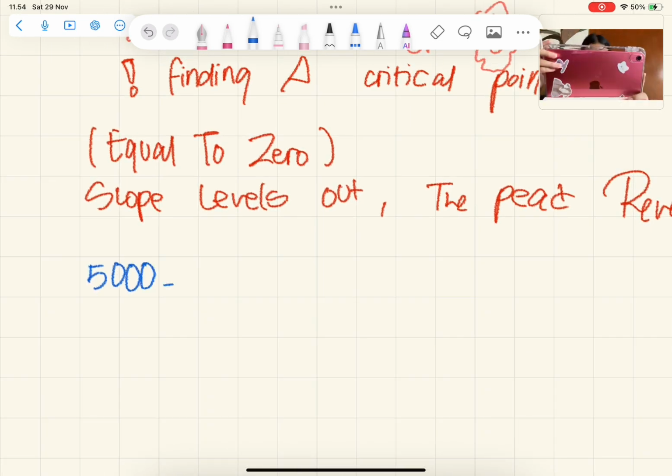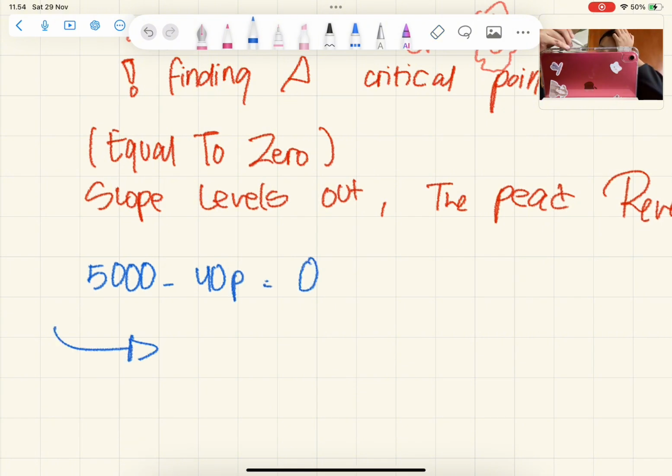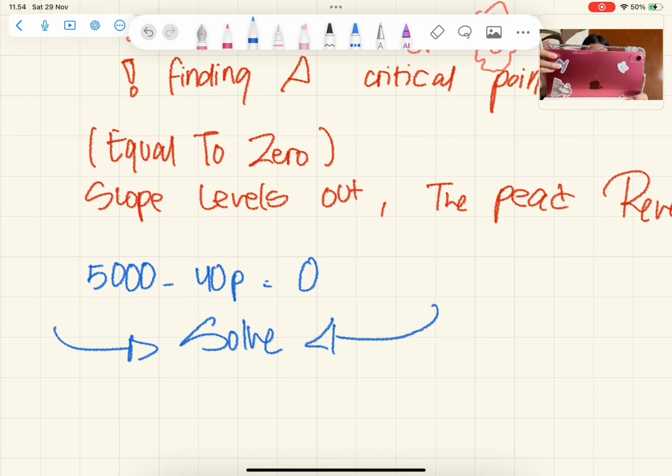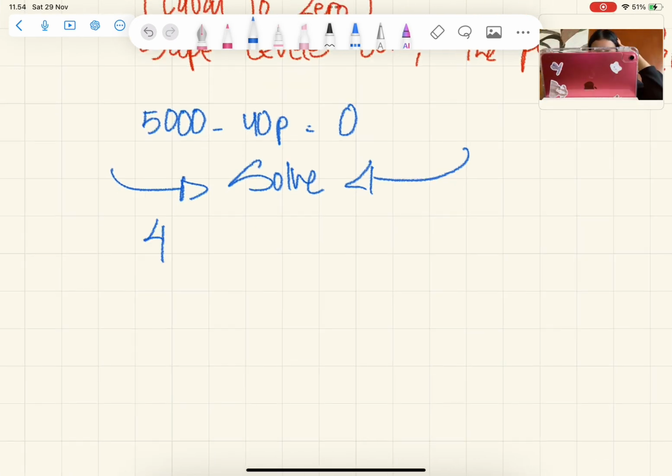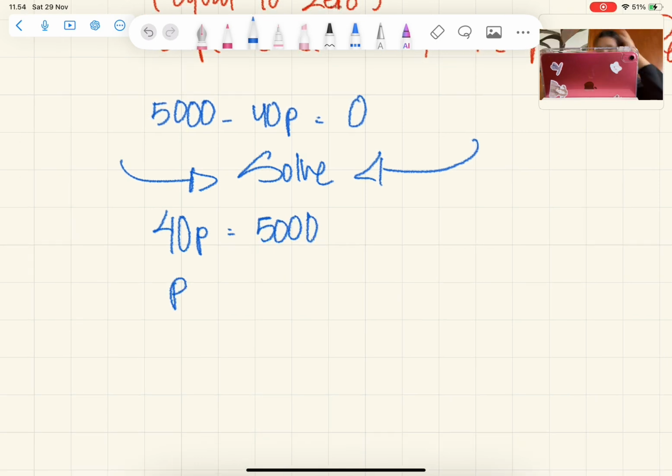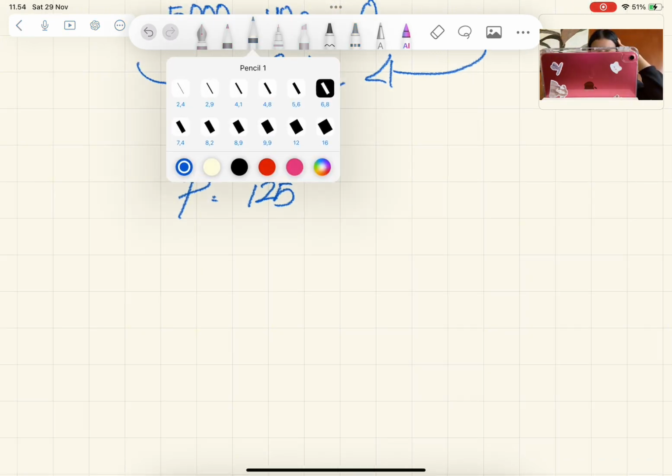So 5,000 minus 40p equals 0. To solve it, 40p equals 5,000, and p equals 125. So the best price, or the price that gives maximum revenue, is 125,000 rupiah.